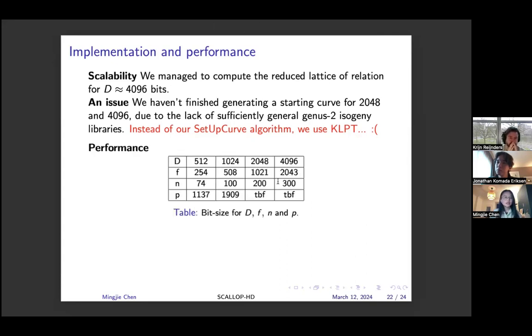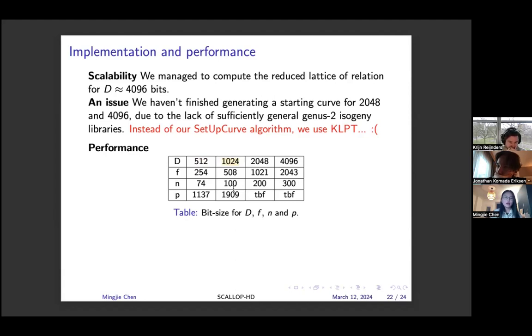So here are some parameter sizes for discriminant up to 4096. We have F, whose bit size is roughly half of the discriminant, and we have N, which is the dimension of the lattice of relation that's used in our algorithm. We actually have several values of N for different discriminants, because there is not an immediate way to see which N will bring the best performance.